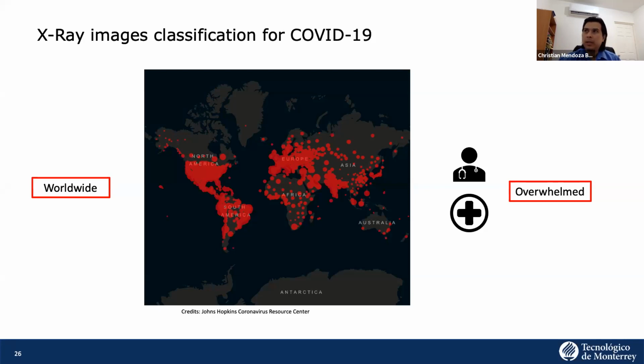Spain was there too. So as researchers, engineers, and technology developers, we need to come up with clever solutions to provide some help to decrease the problems that this pandemic is creating.